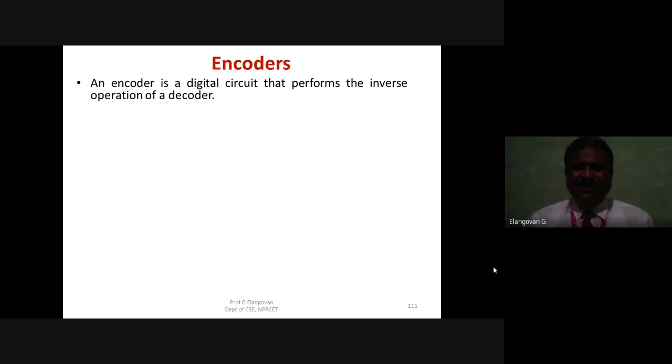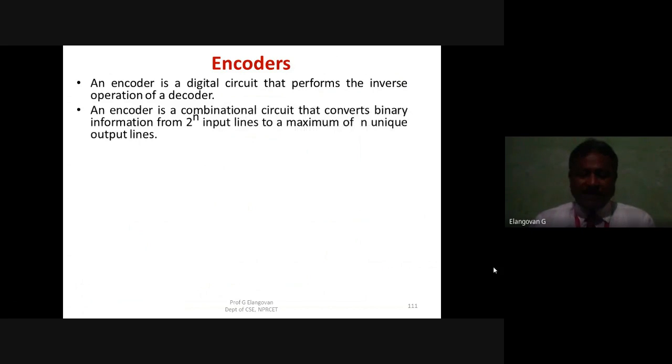So encoding is just the reverse process. It converts the converted form of code back into the original form of coding. It also has a certain combination relation between the output and input.